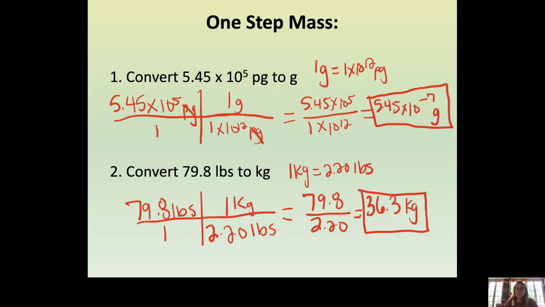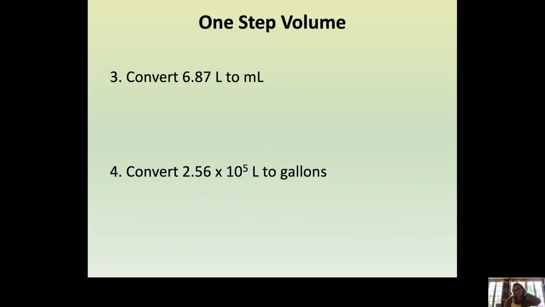Okay, we could do the same thing with volume. For volume, I would find this on my metric unit conversion. 1 liter equals 1,000 milliliters. I find that on the back side or the second page. I start with what I know, 6.87 liters.